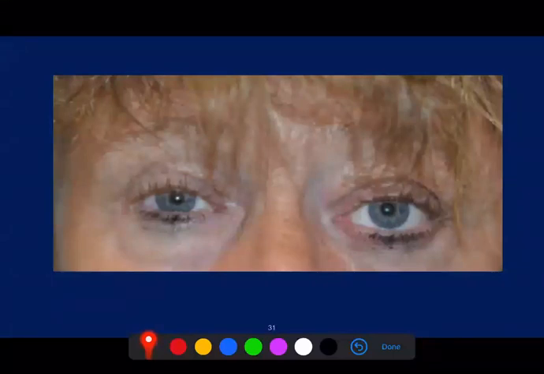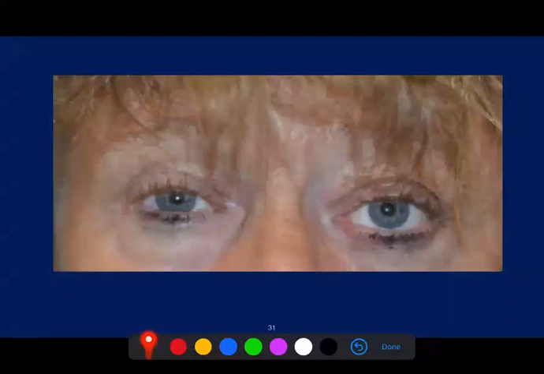I want to test extraocular motility, color vision, visual field. Color vision is affected. Visual field also shows constriction. So what will you do? So she has a dysfunction of the optic nerve in the left eye. I want to do Humphrey visual field and I want to do imaging.